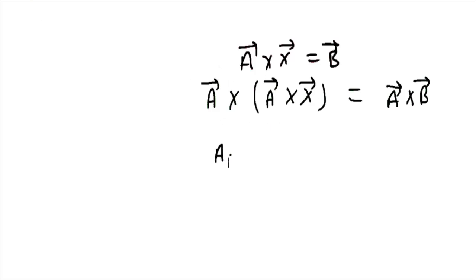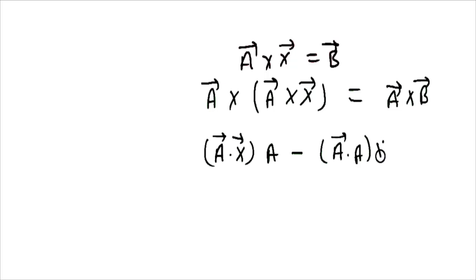Here this thing we can also write as A vector dot X vector, A vector, minus A vector dot A vector, here is X, right?